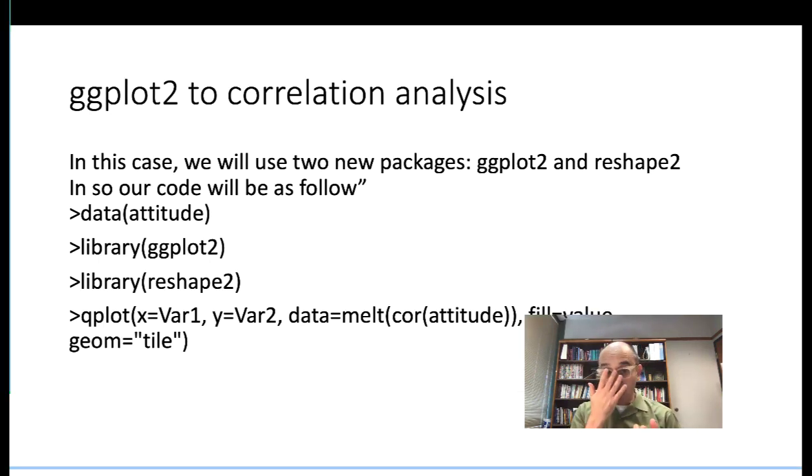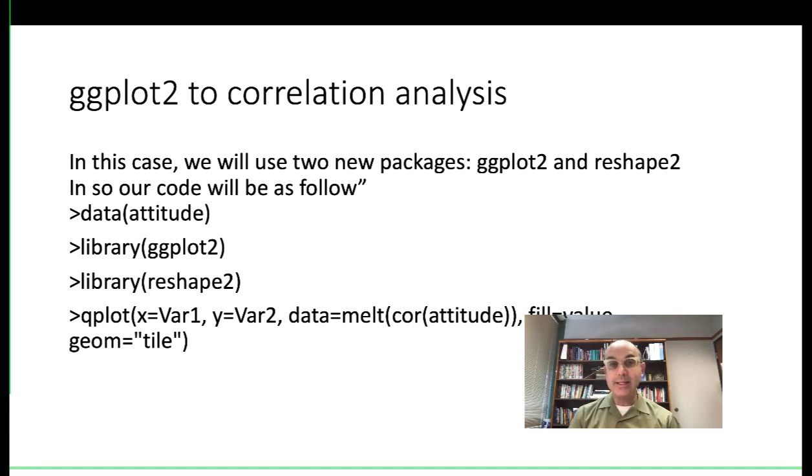Okay, so one of the things that we need to do in order to do correlation analysis is the use of ggplot2 and reshape2. It's another package that you need to install. So the data is called attitude, the library is called ggplot2, and the library reshape2.